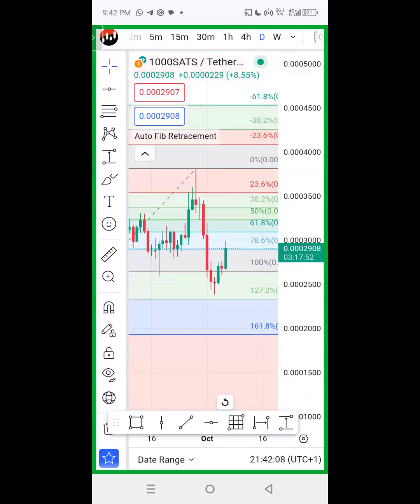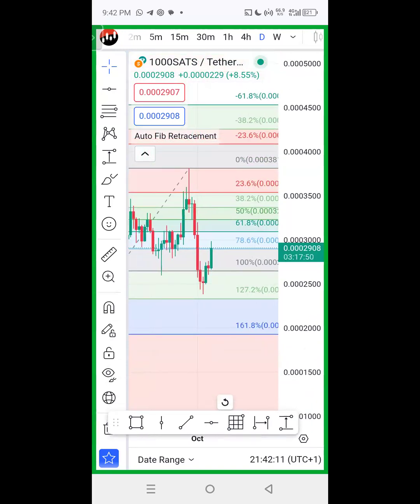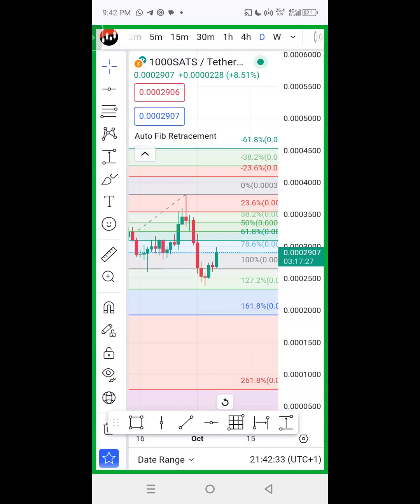When you go to the 1 day, what I taught you about the auto fib retracement: if it is an uptrend, you need the candle to have touched the 61.8% line, and if it's a downtrend, you need the candle to have touched the 0% line or below. That's just what you need to stick to.